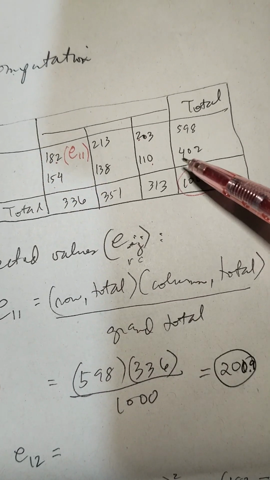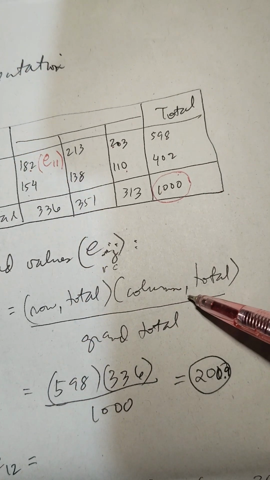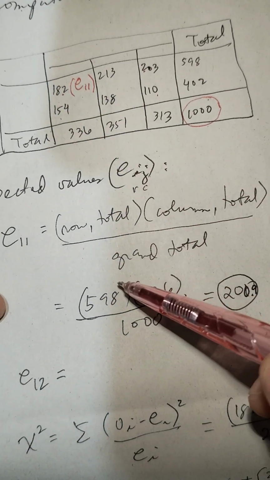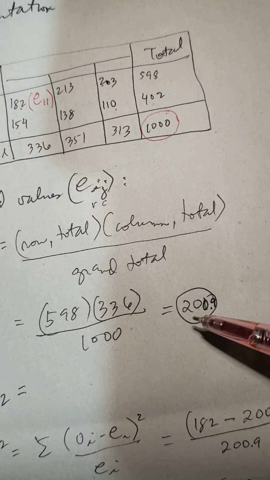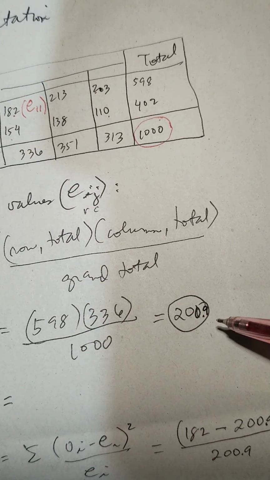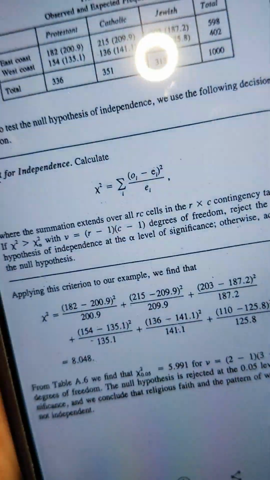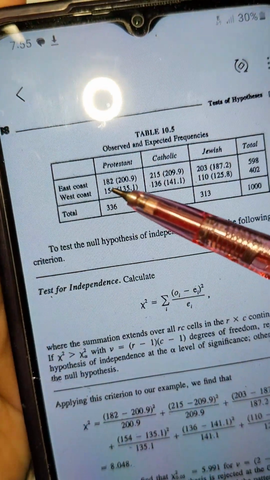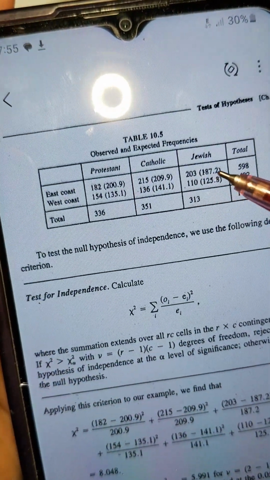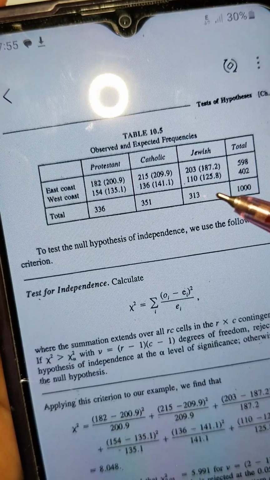You get the row 1 total, which is 598, and the column 1 total, which is 336. We take the product over the grand total, 1,000. In this case, we have 200.9. So, these are the expected values. Place them beside the observed values because that will make your computation easier.